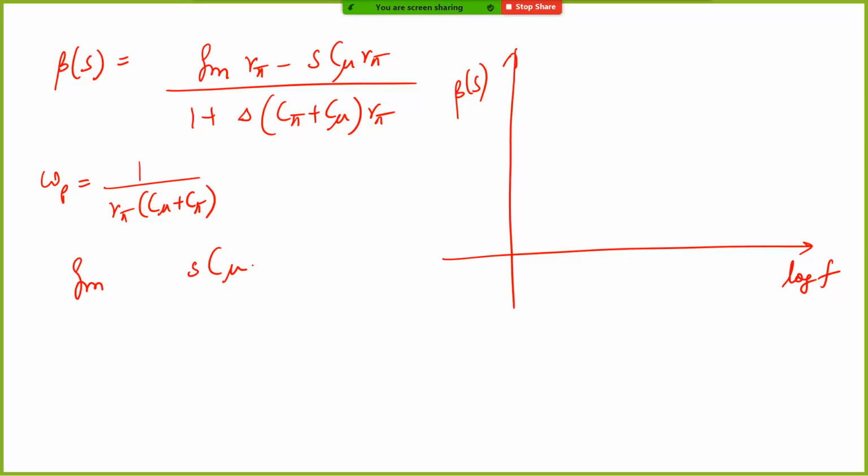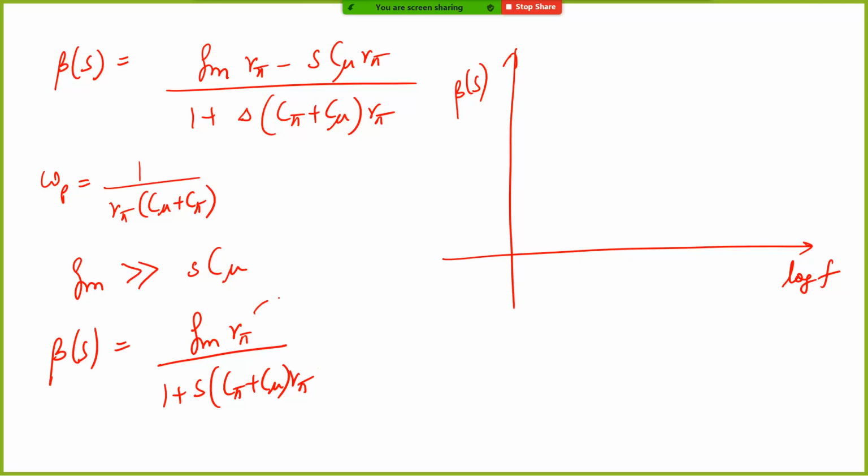At these frequencies, Gm will be definitely much greater than S times C mu. So beta of S can be written as Gm R pi divided by 1 plus S times C pi plus C mu times R pi, and this numerator is nothing but your beta naught, the DC HFE, or DC current gain.